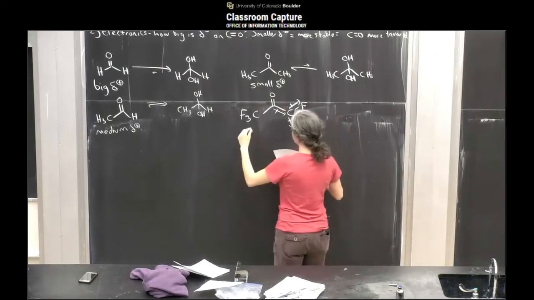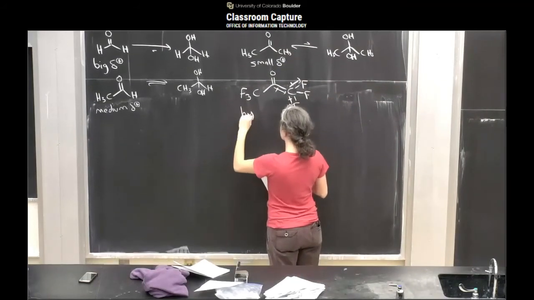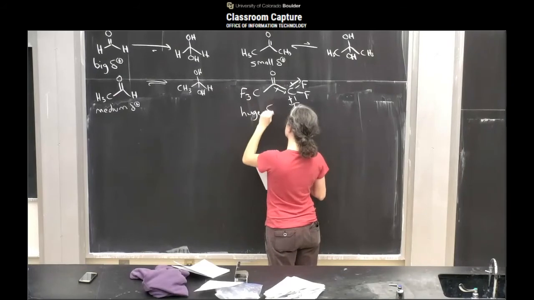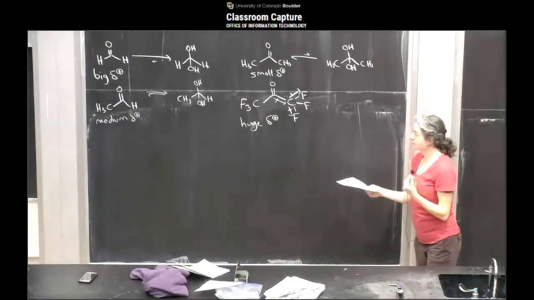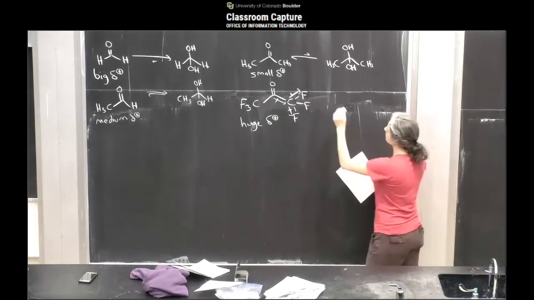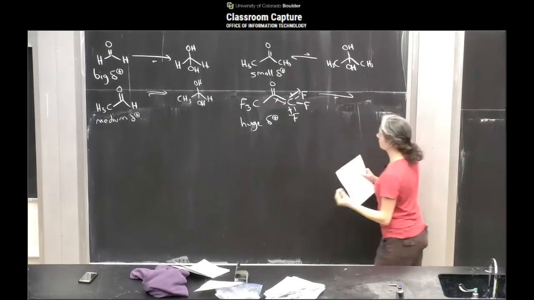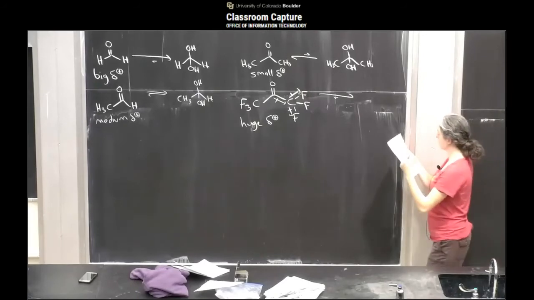So this one's going to be actually a huge delta positive. So this one is pretty unstable as a starting material, which means that here the equilibrium is strongly going to favor the product.